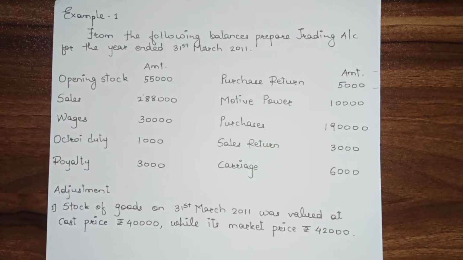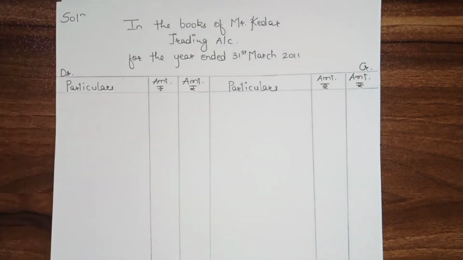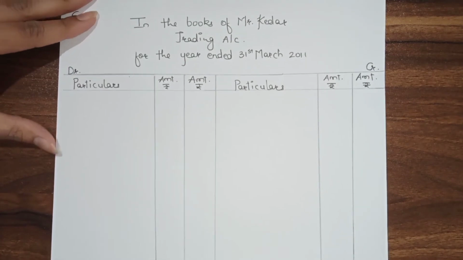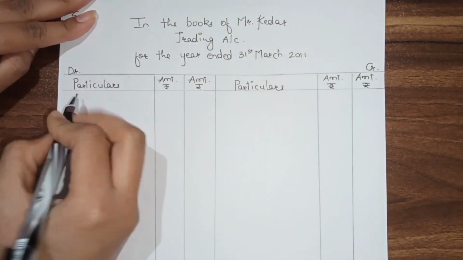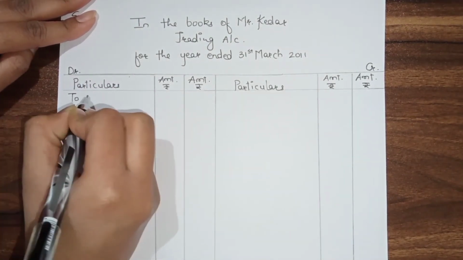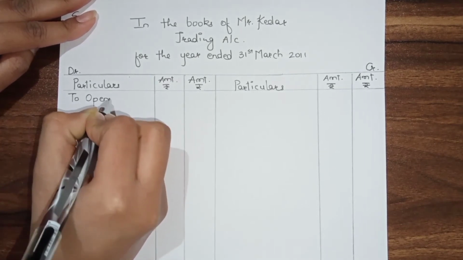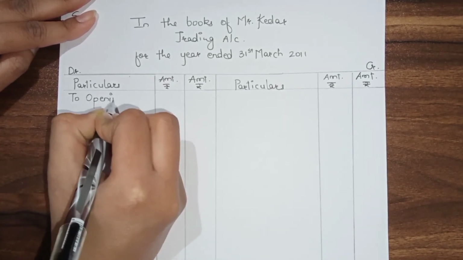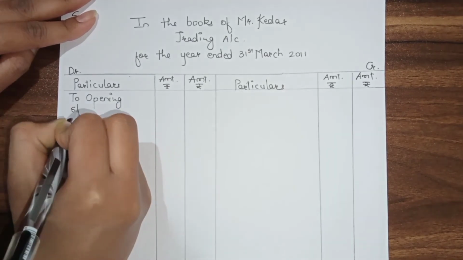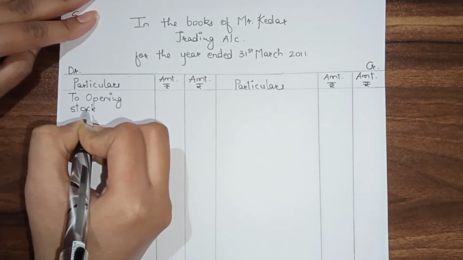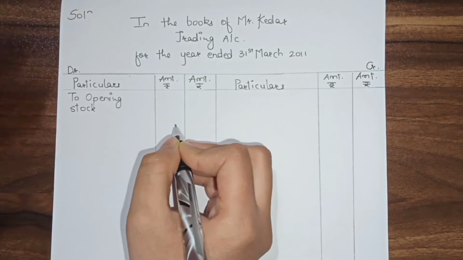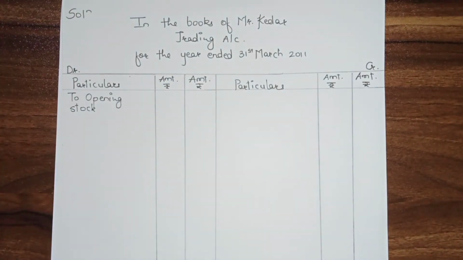So now we have to post this opening stock on the debit side of trading account. So let's post it. To opening stock, rupees 55,000. Now you must have got the question why I have prepared two columns of amount.